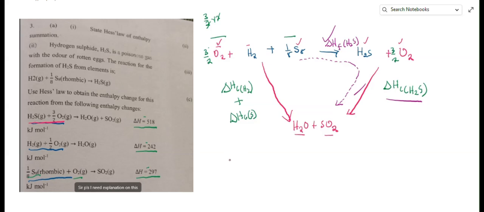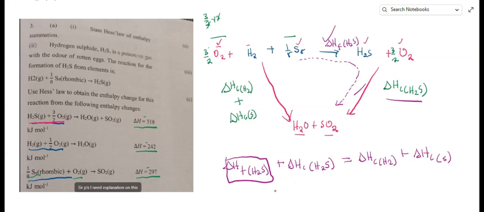So we can generate the equation: standard heat of formation of H₂S, plus, you can see this arrow down here, plus standard heat of combustion of H₂S equals the one down here, which is heat of combustion of hydrogen gas plus heat of combustion of sulfur. So this is what we are calculating.